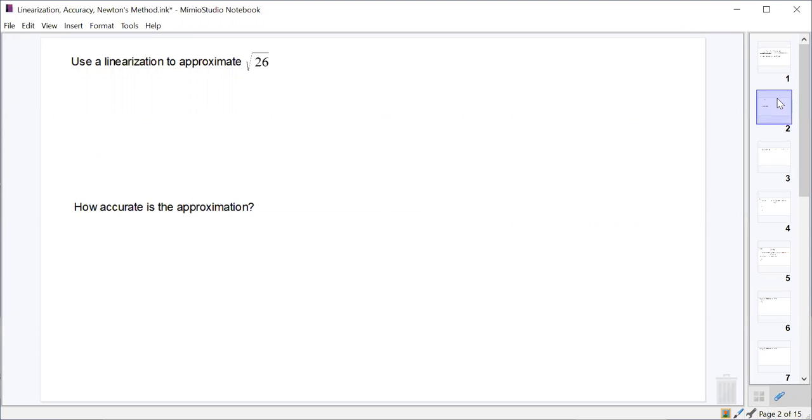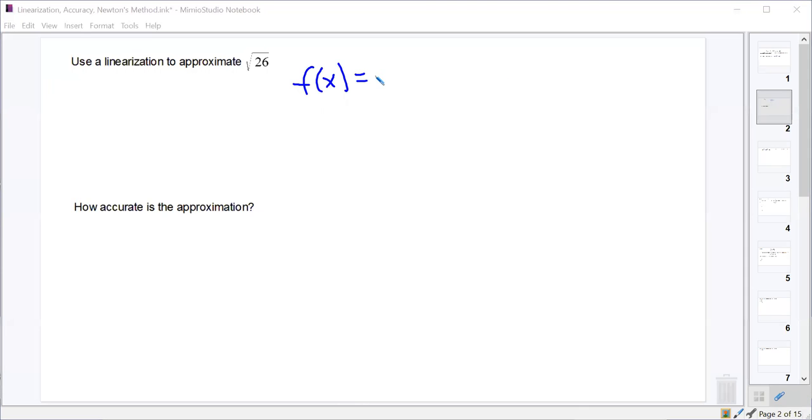So we're going to use linearization to approximate the square root of 26. So what is the specific function that we're going to be using? What's our f of x function here? Yeah, square root of x, good.